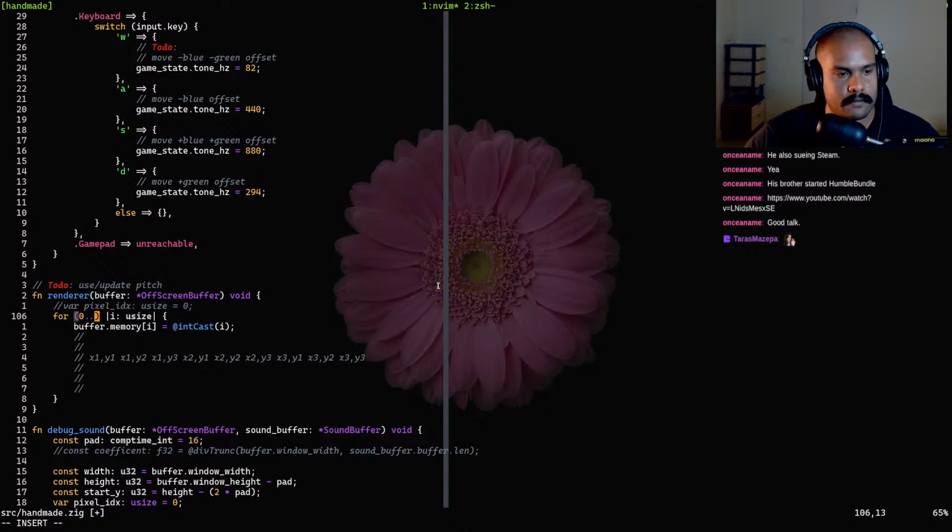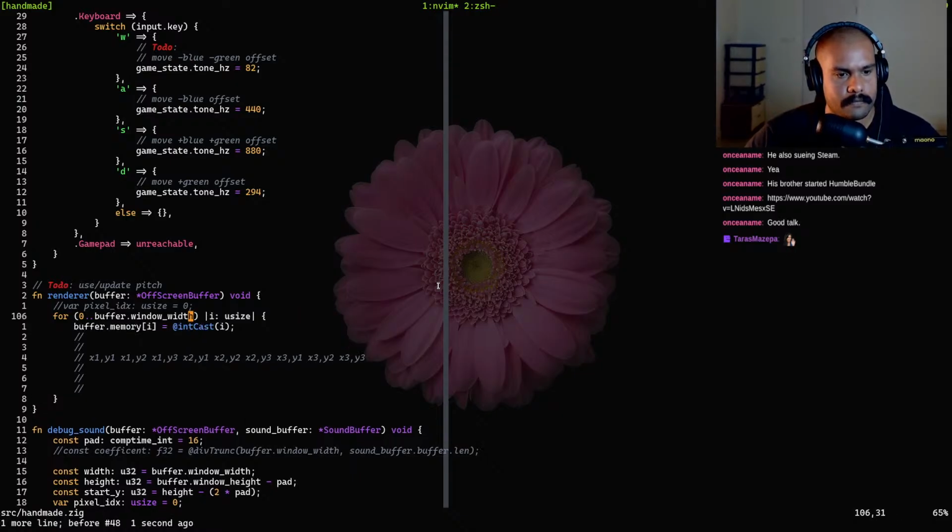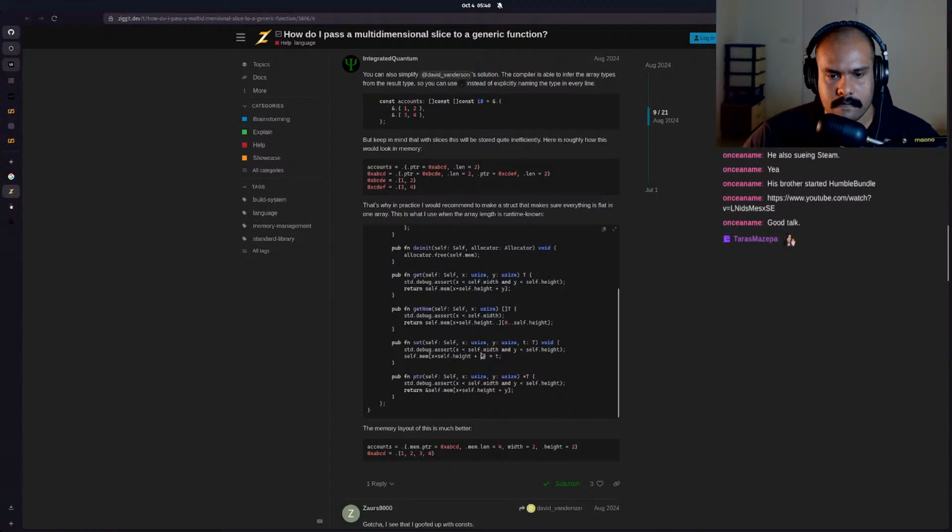Dot buffer dot window width. So be x. Yeah.